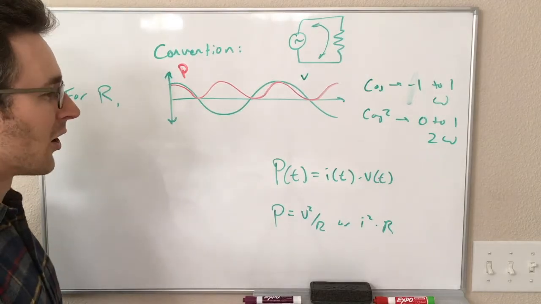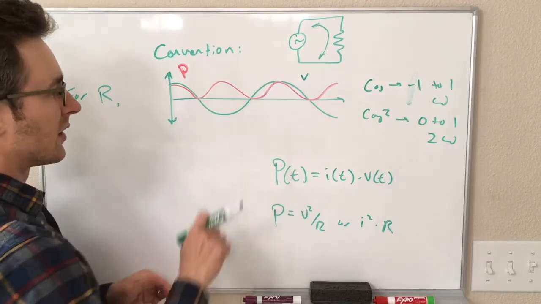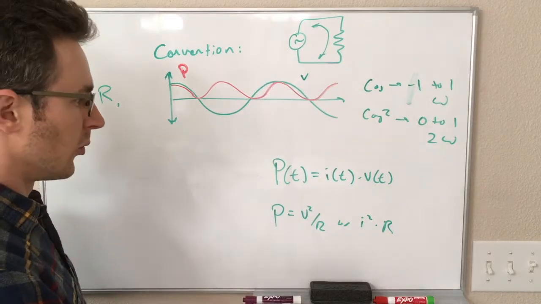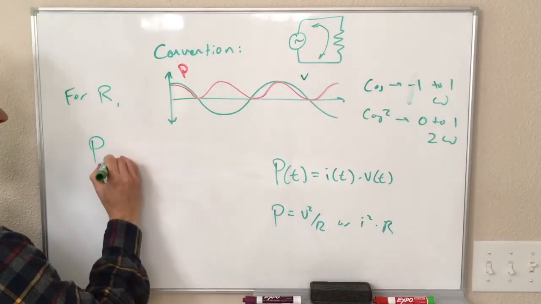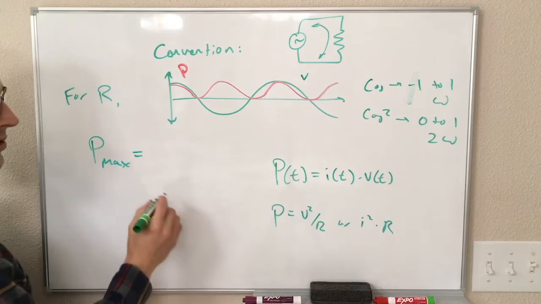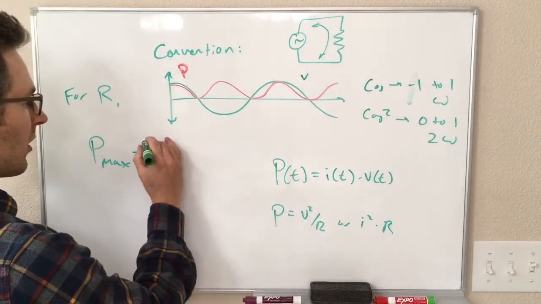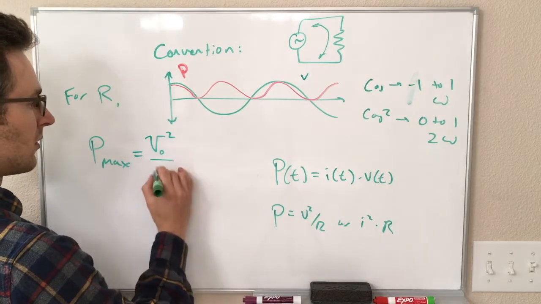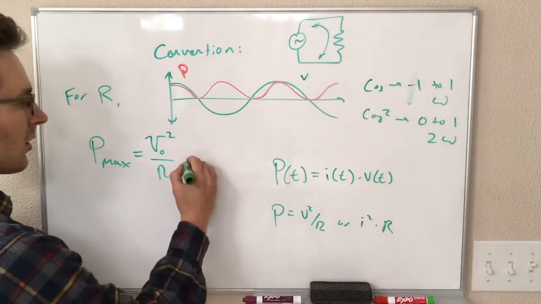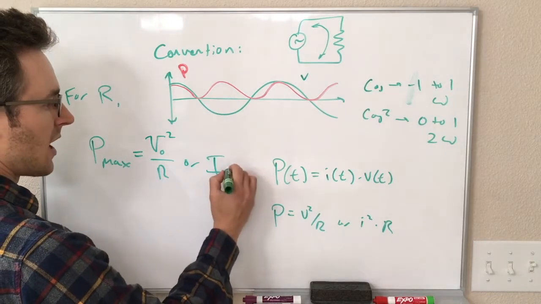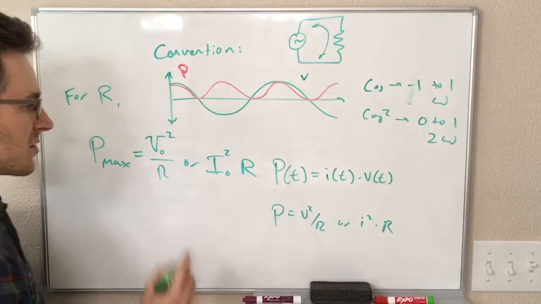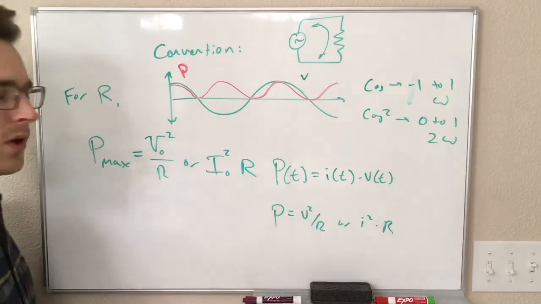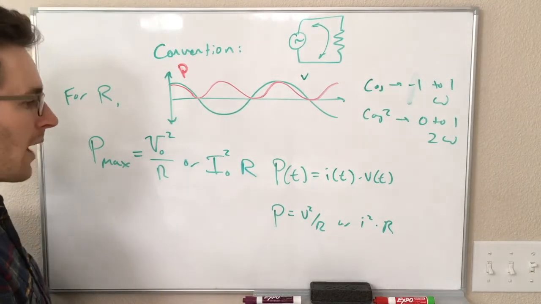So our peak power we can figure out from whatever our peak voltage is, right? So P max here is going to be V naught squared over R, or we could write that as I naught squared times R. Either of these are going to give us the same maximum power.